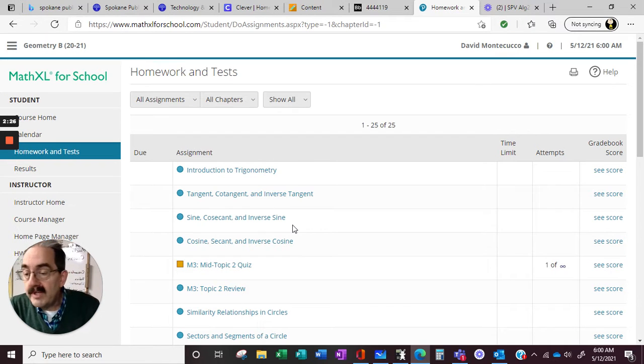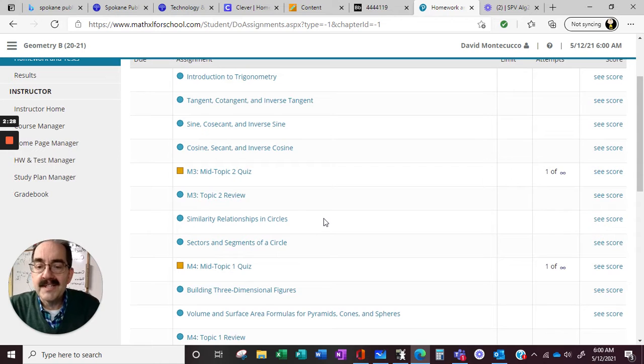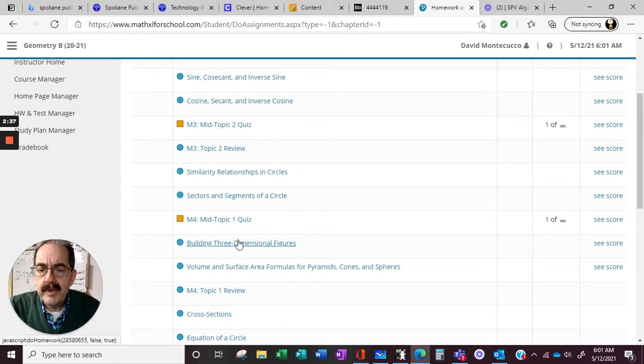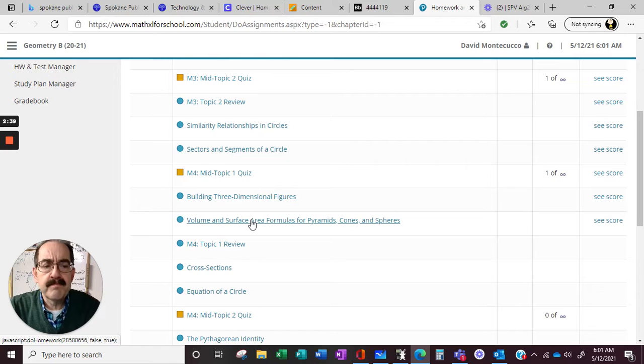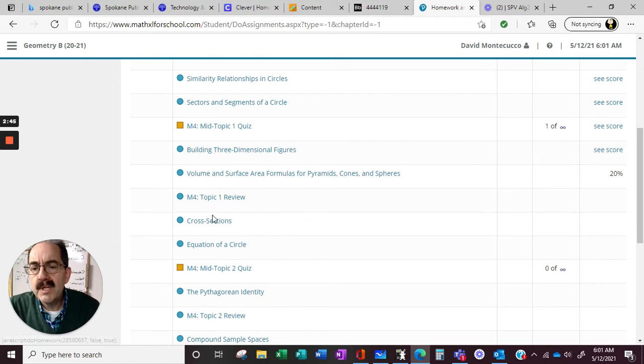All right, so we did some trigonometry. All of you have passed that. We did a little bit of similarity in circles, and we did segments and sector areas in circles. Last week we built three-dimensional shapes, and we did a couple of the volume and surface area problems. So now we've got to review cross-section.